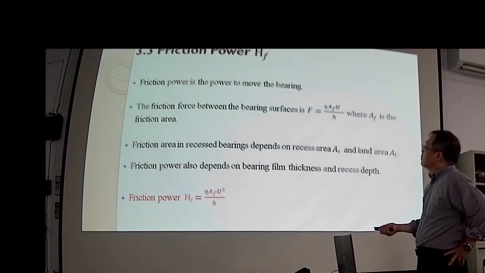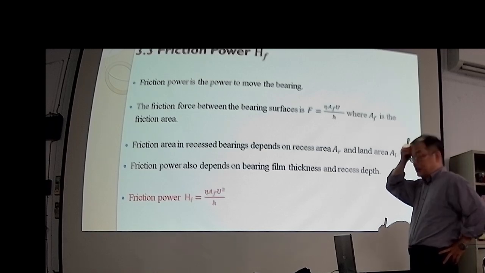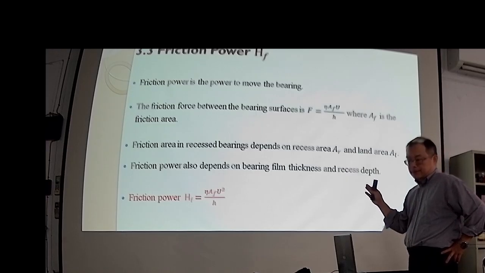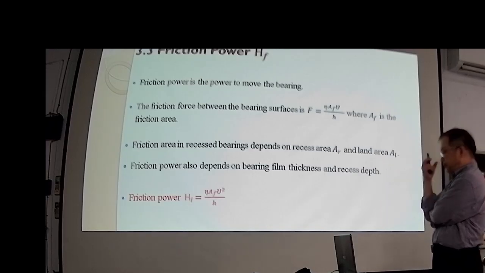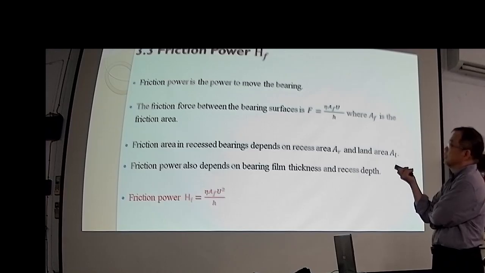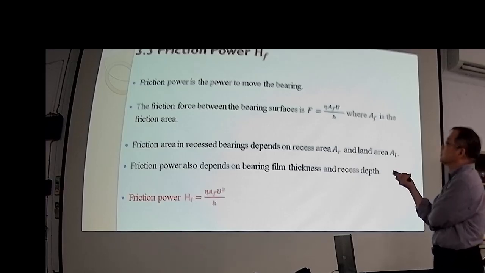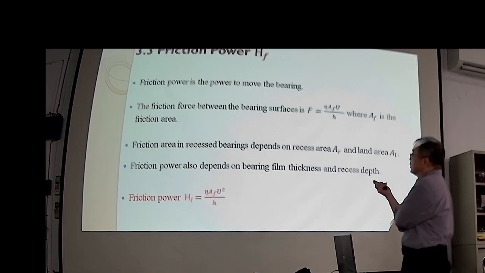And we also talked about the friction power for the bearing surface. For the hydrostatic bearing, if you are moving at very high speed, it may generate a lot of friction heat on your bearing surface.